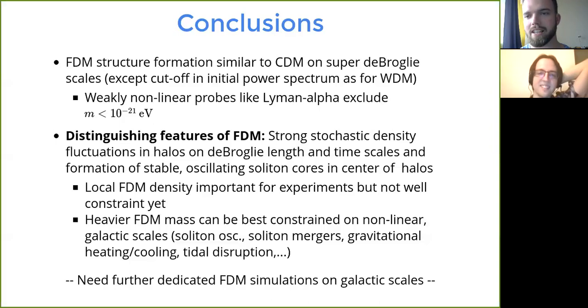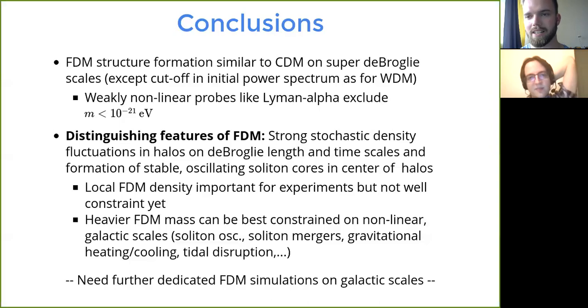On the other hand, that small window that we still have is also rapidly closing by more and more dedicated simulations and better observables. So probably in the near future, we will know if fuzzy dark matter can actually contribute 100% to the dark matter, or whether that's excluded in the next few years.